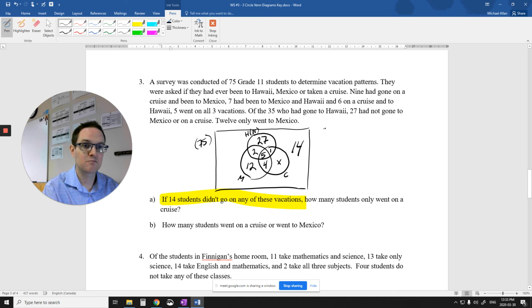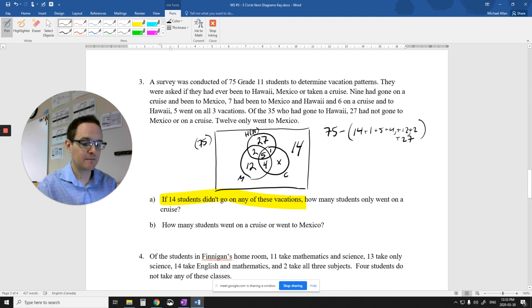So what I'm going to do is go 75, and minus everything that we know from there. So go to 75, minus the 12, minus the 2, minus the 27.